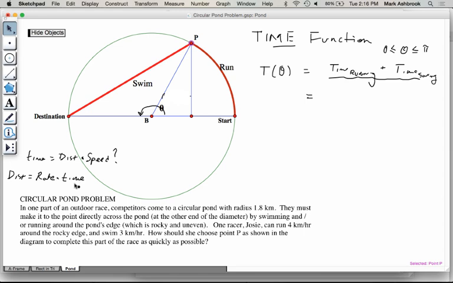So that means the time is distance divided by speed. So the distance running divided by speed running plus the distance swimming over the speed swimming. That's going to give us the time running plus the time swimming. Distance over speed. Let's do V for velocity.